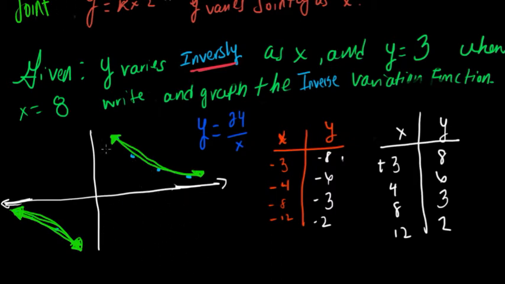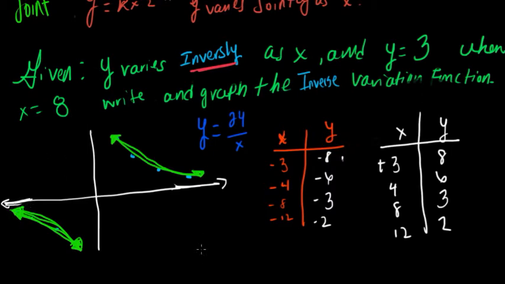Okay, what this actually says is that this graph in green is asymptotic to my x-axis. My x-axis is the asymptote of this function. It basically says my graph is never going to touch that asymptote, so it's never going to touch this x-axis.